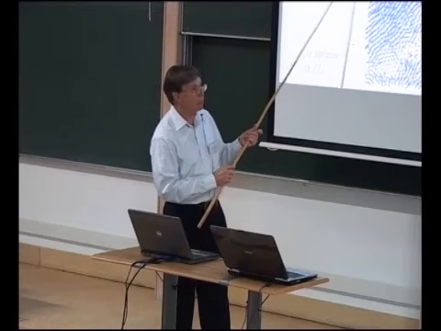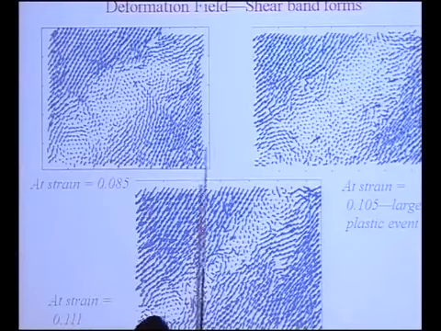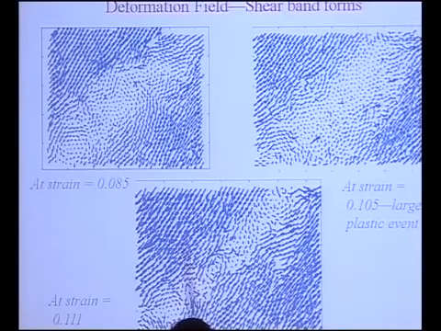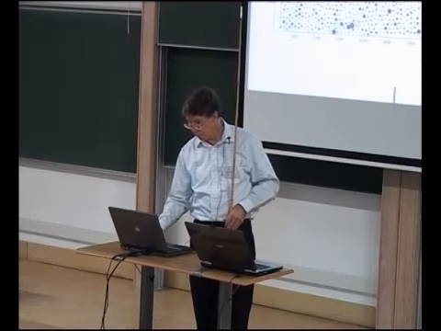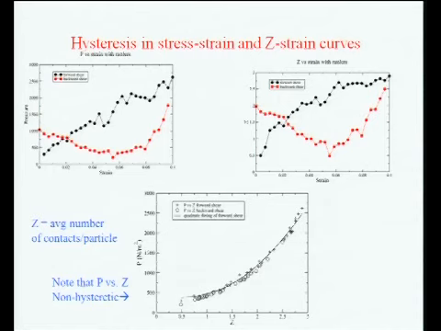But these systems actually don't remain homogeneous. You develop shear bands in them, and this is the displacement field between two small incremental steps, for various values of the shear strain. So the particles are moving en bloc in two opposing triangles, and then all the slip tends to be isolated in the middle shear band.